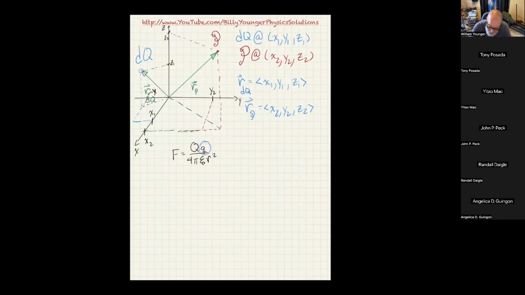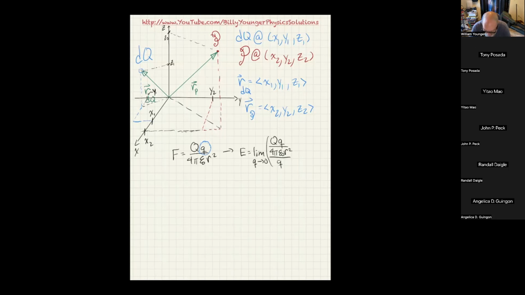So our idea was to represent this with an electric field, which, for reasons that I explained before, we're going to take the limit as little q approaches 0 of F, that formula that I have there, and I'm going to write it out in its full form right now. So that's Q little q over 4 pi epsilon naught r squared divided by little q.